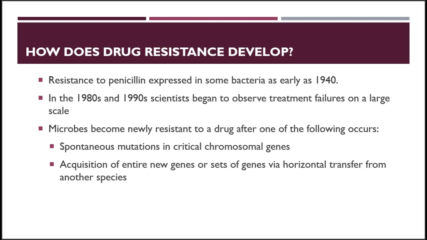Microbes become newly resistant to a drug after one of the following activities occurs. Either the organism experiences a spontaneous mutation while replicating its chromosome, or it acquires the drug resistance gene through horizontal gene transfer from other organisms.